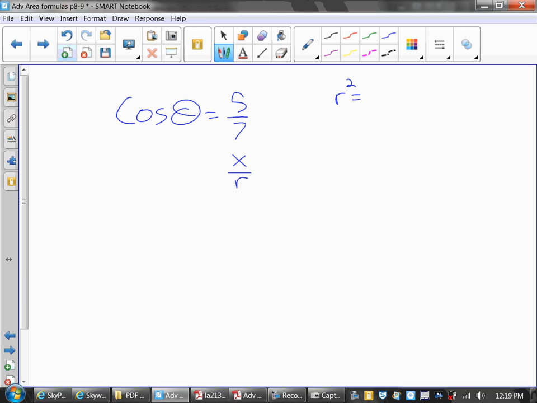Remember, r squared is x squared plus y squared. You fill in the blanks and solve for y. That way you can figure out what sine is, because sine is y over r. Cosine is x over r. Tangent is y over x. You flip everything around for cosecant, secant, cotangent.